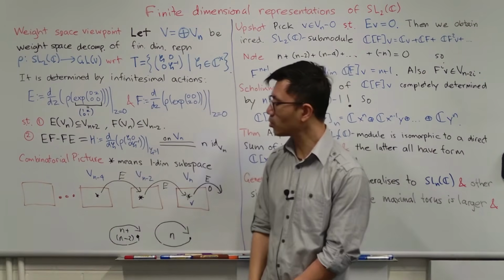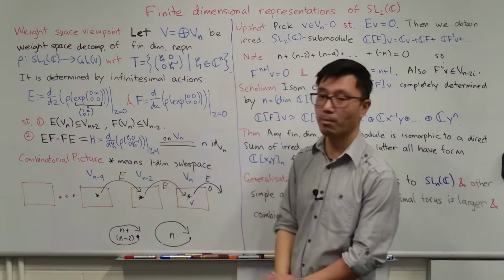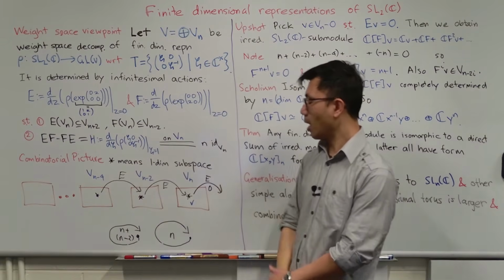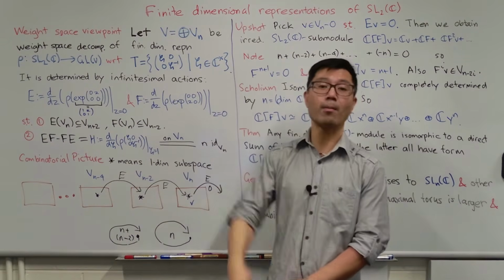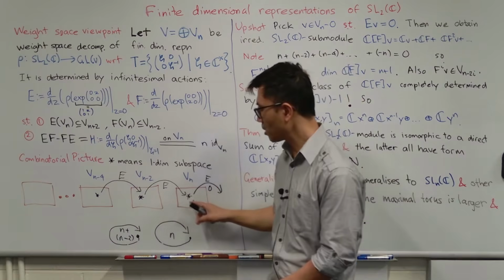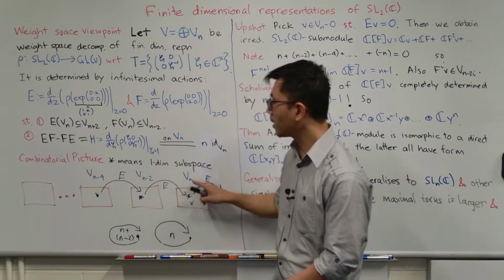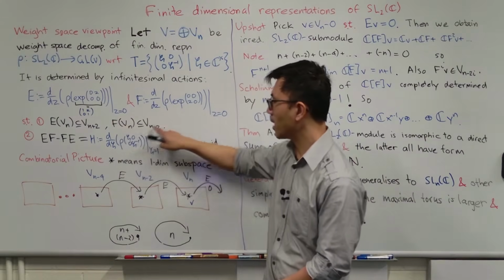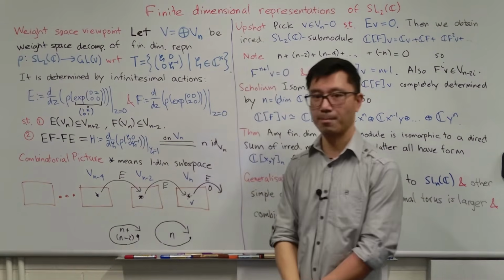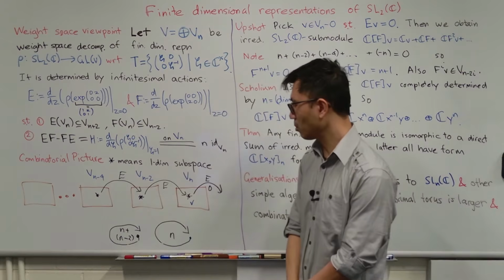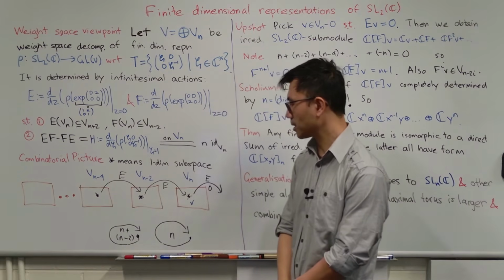So the main thing we want to check is closure under multiplication by E and F. So we've looked at multiplication by E, but what about multiplication by F? Let's suppose we multiply this vector here by F. So we're going to go back because F sends Vn to Vn minus 2. It will land back in there. And let's just have a little look and see where it lands back.